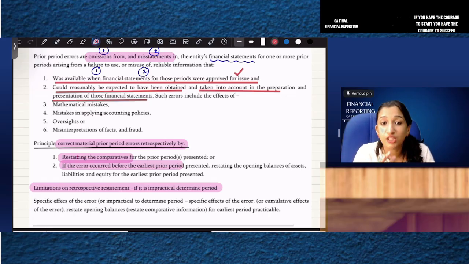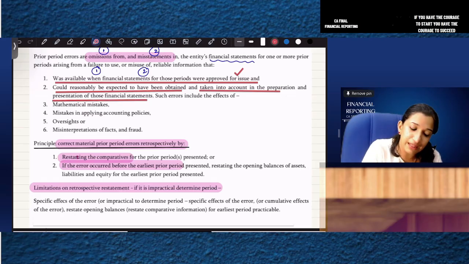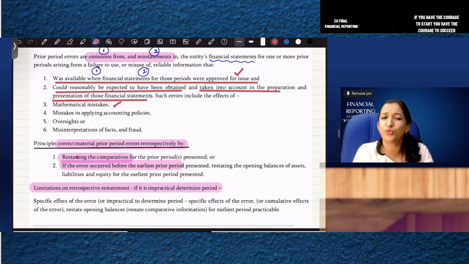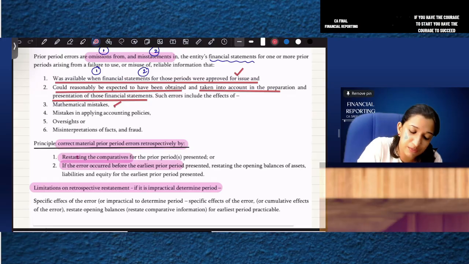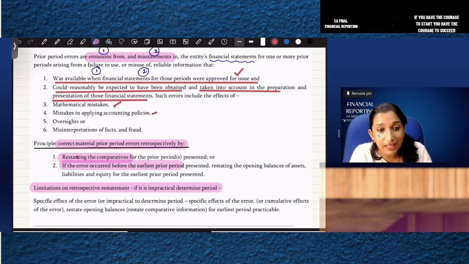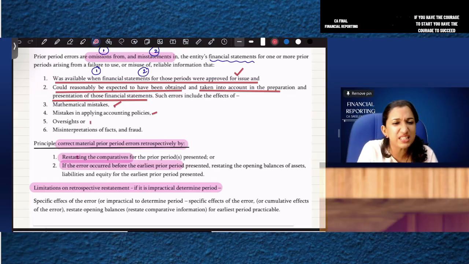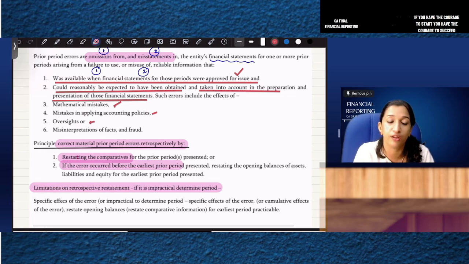Such errors include the effects of mathematical mistakes, mistakes in applying accounting policies, oversight or misinterpretation of facts, and fraud.